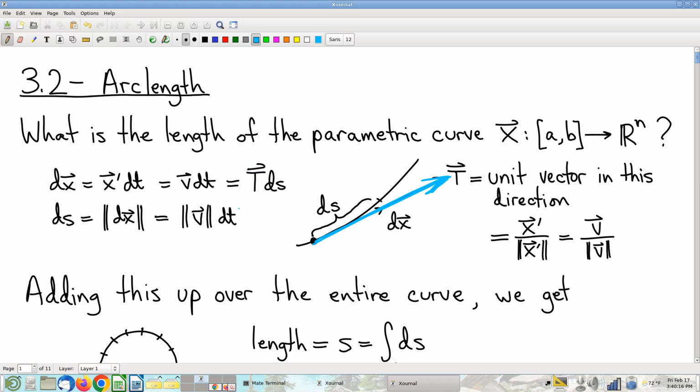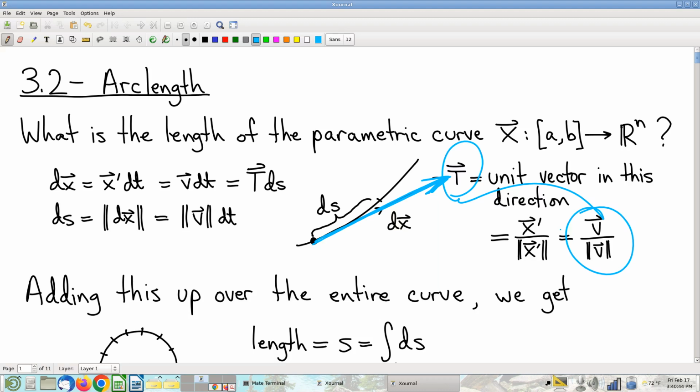Well, it points in the direction the curve is going, because it's a tangent vector. Well, so does the velocity. Velocity also points in the direction that the curve is going. So if T is going to be a unit vector pointing in that direction, then you just take the velocity vector and make it a unit vector by dividing by its own magnitude. Is that cool?